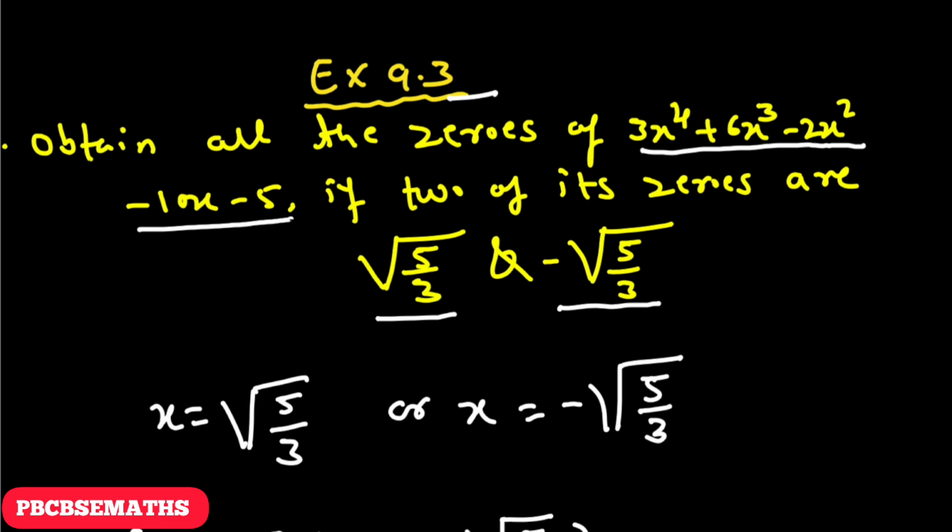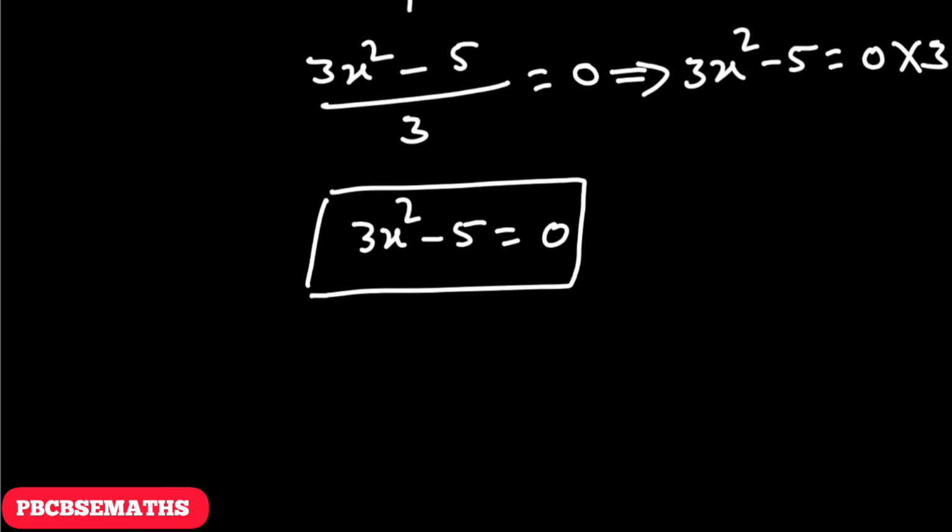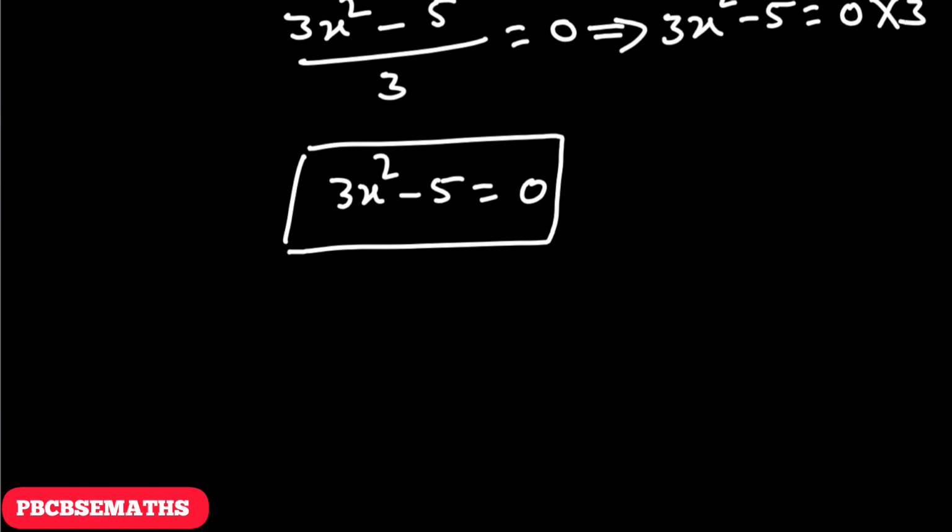If we divide this given polynomial by that 3x square minus 5, we will get the other factor of this given polynomial as a quotient. In that quotient, we have the remaining two zeros of this given polynomial. So let's divide 3x to the power 4 plus 6x cube minus 2x square minus 10x minus 5 by this quadratic polynomial 3x square minus 5.